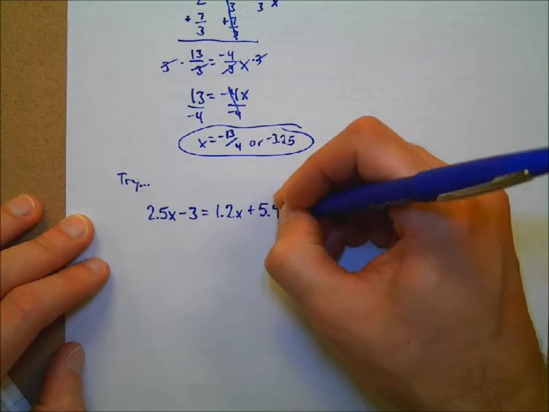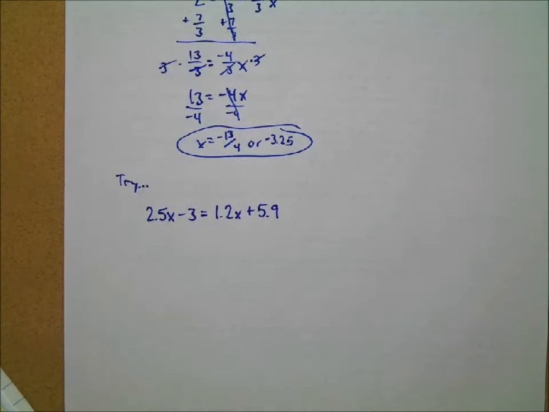Okay, there's one for you guys to try. 2.5x minus 3 equals 1.2x plus 5.9. Okay, go ahead and solve that.